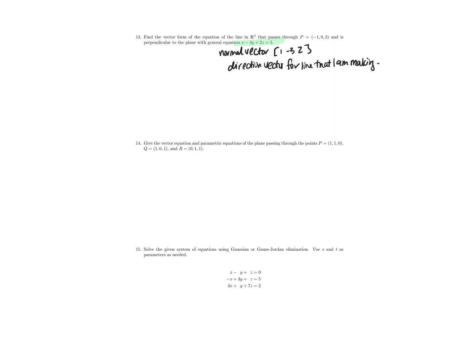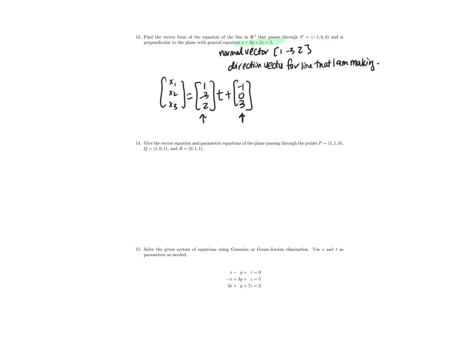So my line is going to be (x1, x2, x3) equals that direction vector, (1, -3, 2), times some t, plus the point on my line, which is (-1, 0, 3). So I think of this as a direction vector, and this is a point on the line.